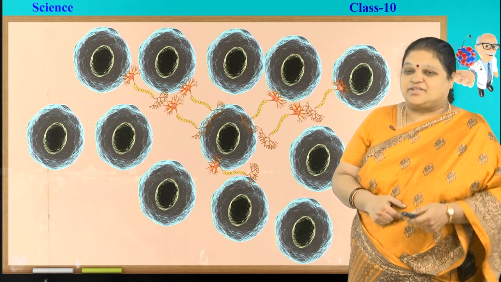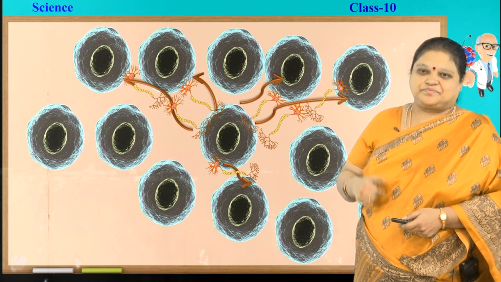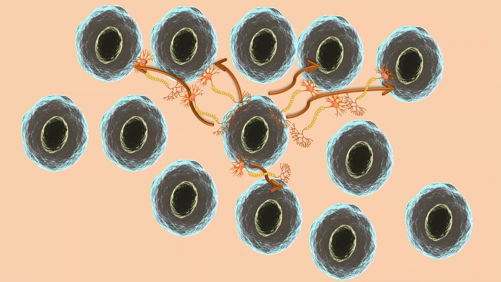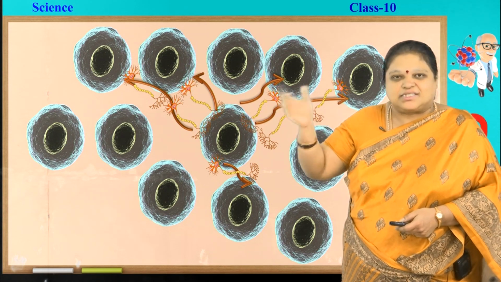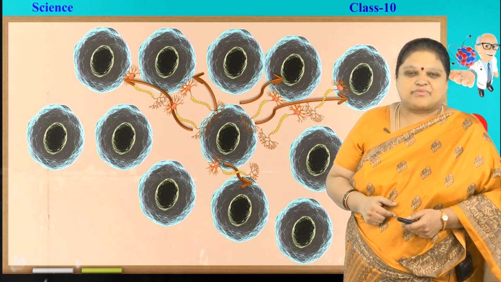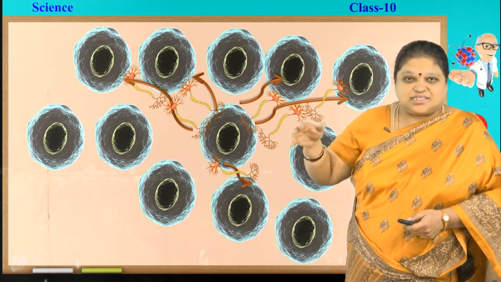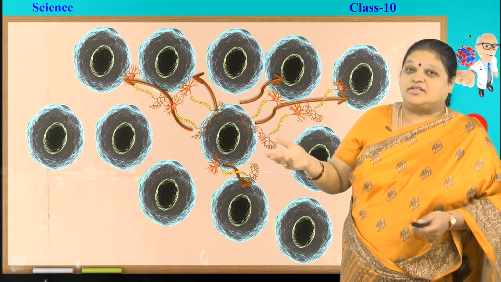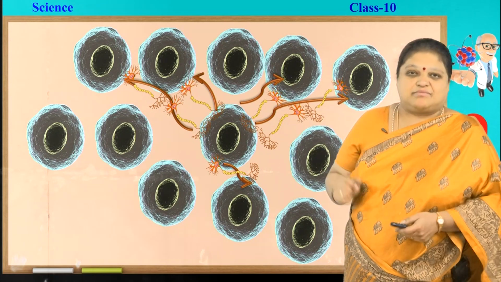Then who will receive the impulse? See here. Did you see? You saw that only the cells which are connected to neurons will receive the impulses, whereas the other cells do not receive the impulse. And after sending the impulse, it is not a continuous process, it takes some time.